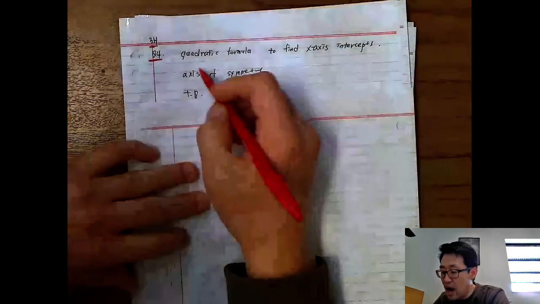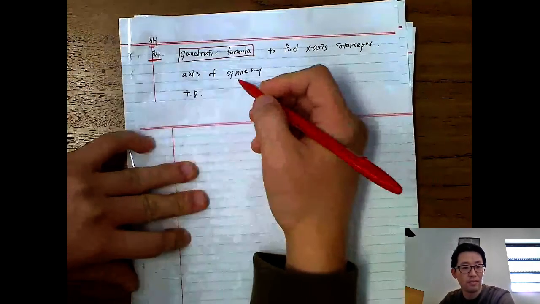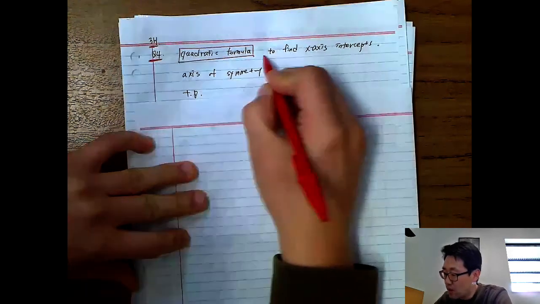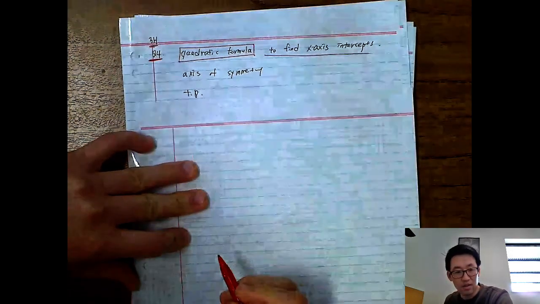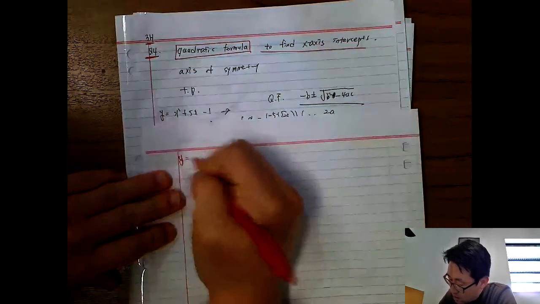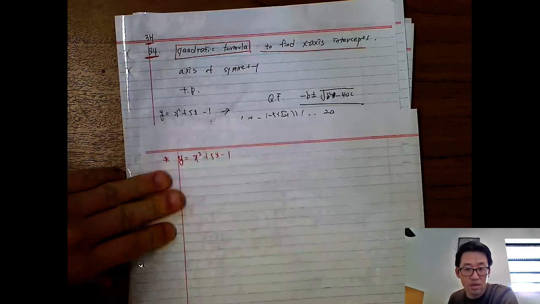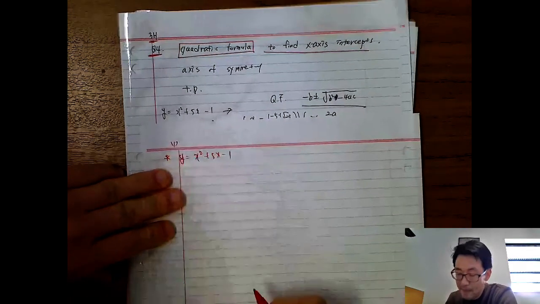In this case, they ask you to use the quadratic formula. So we have to use the quadratic formula. Yeah. To find what? X-intercepts. For example, in this case, y equals x squared plus 5x minus 1. That's the first question. I think it's question number one.